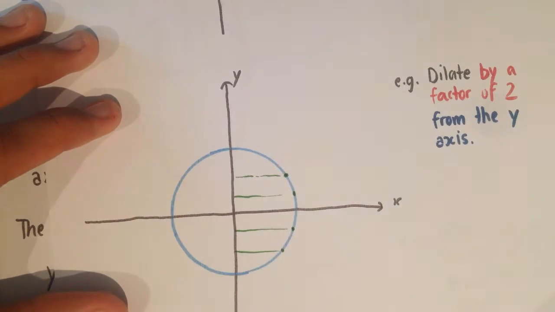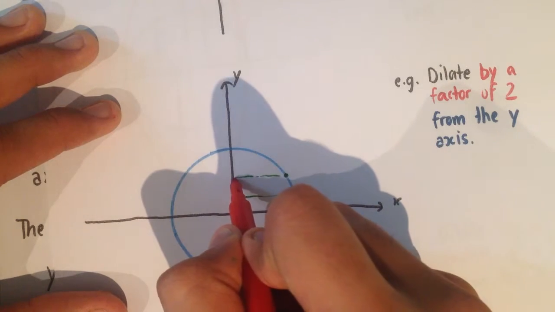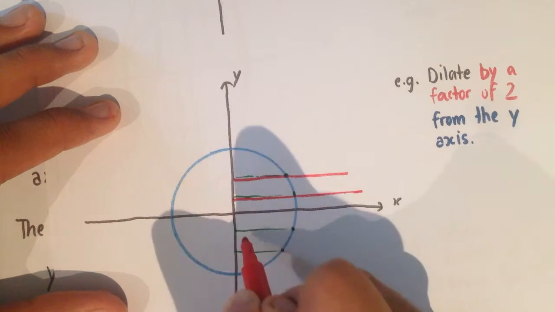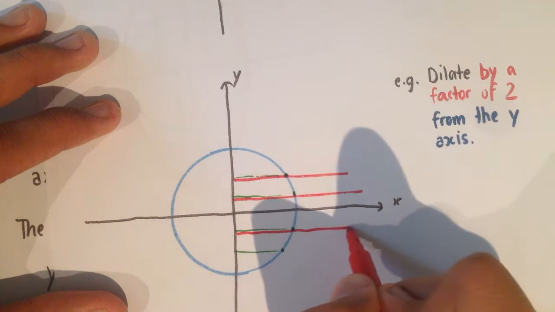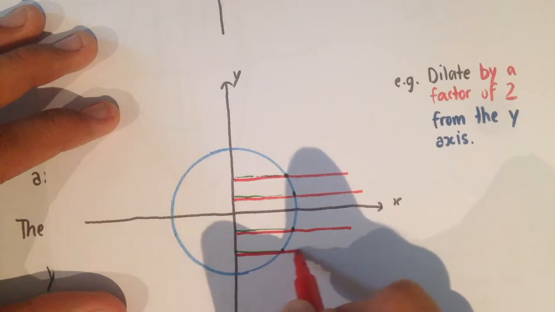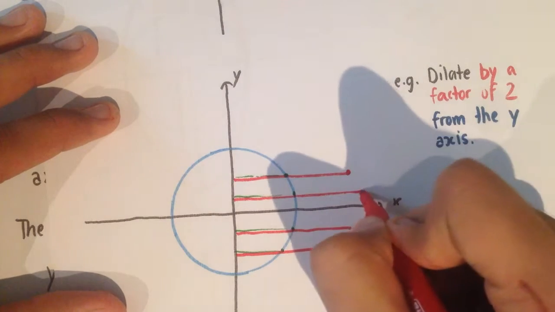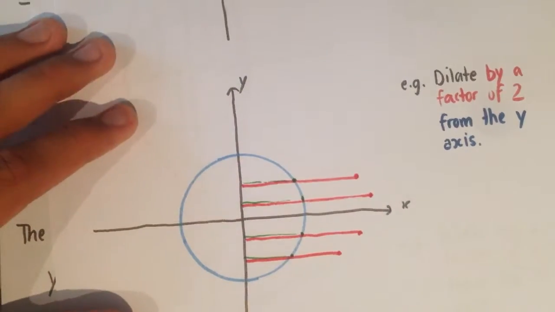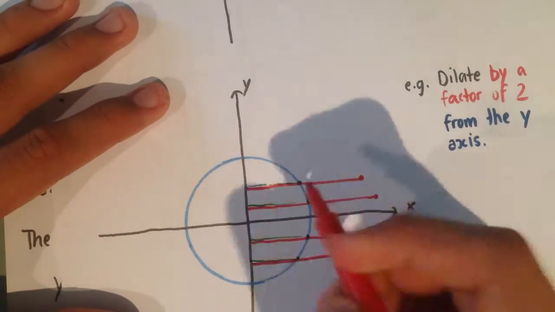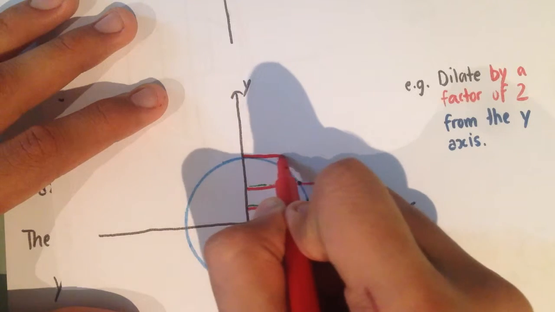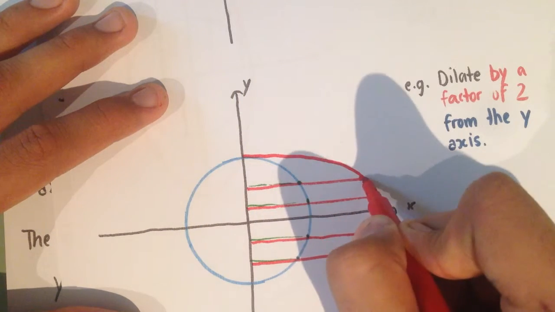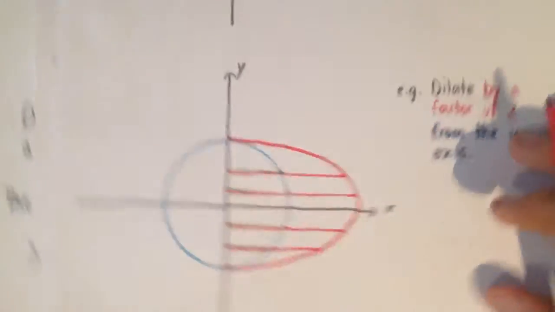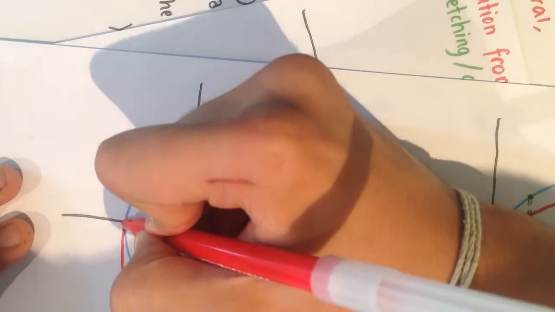So twice that distance will be that, twice that distance will be that, twice of that distance is approximately there, twice of that distance is approximately there. So these are our new points. And similarly, same thing for the other side. So what we will get as our new graph will be something like this. I'm just going to turn it around so I can draw it better on the other side.